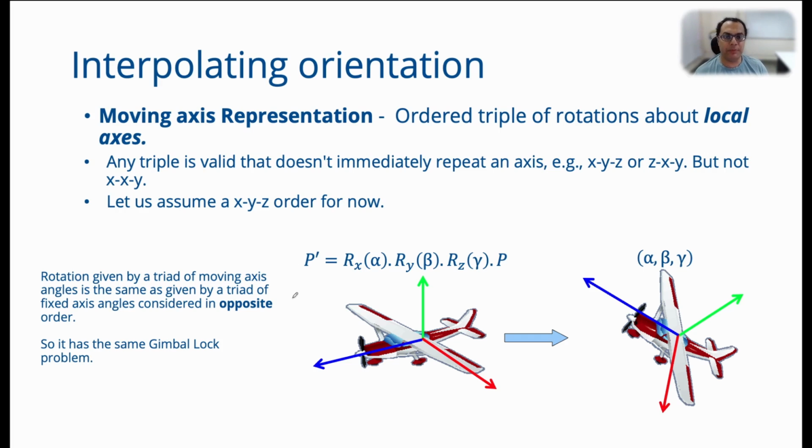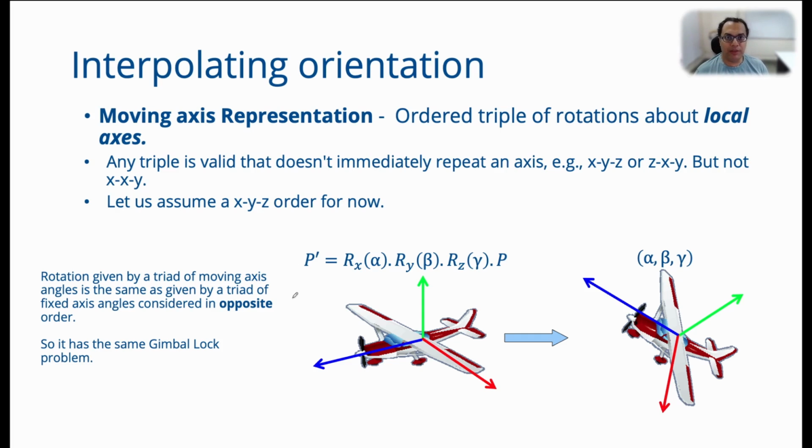This also is represented as a triplet of rotations. The only difference being that if you represent an orientation by some composition of rotations in the moving axis representation, the same orientation can be obtained using the fixed axis representation by multiplying the matrices in the opposite order. So they are just different ways of looking at the same orientation.